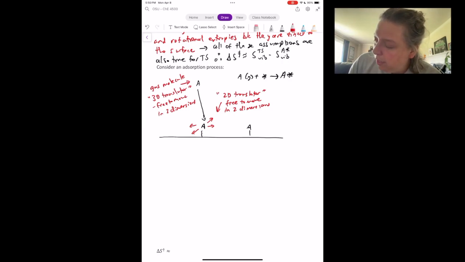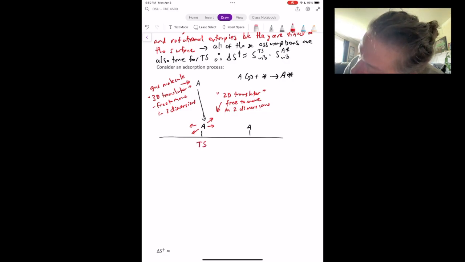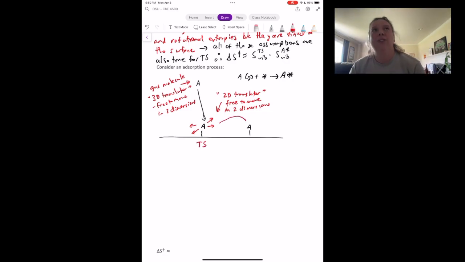So in this model, we label this 2-dimensional translator the transition state. This species is eventually going to find a site where it really likes to bind, and it's going to form a chemical bond and become stuck.